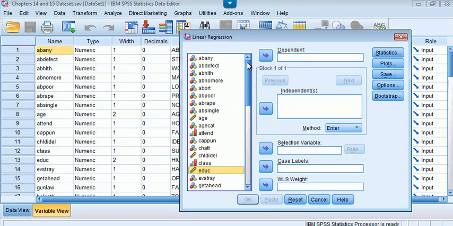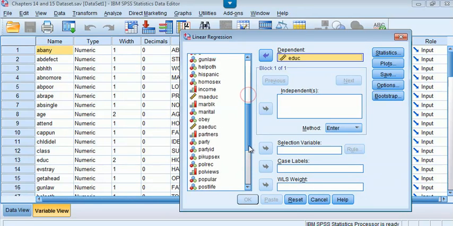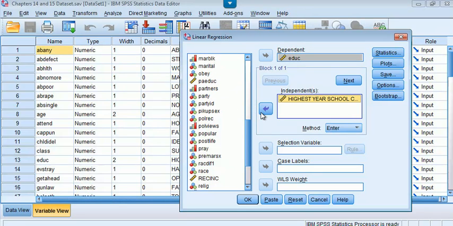Demonstration 14.4 in the book has you predict the respondent's current level of education, the dependent variable, by knowing that respondent's parents' education. So is there a relationship between how educated a person's parents are and their subsequent education?